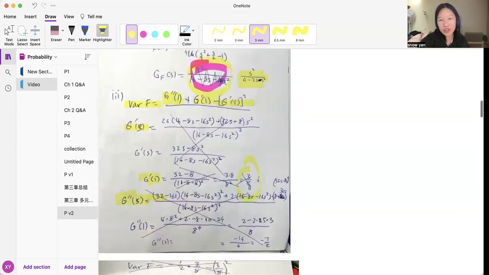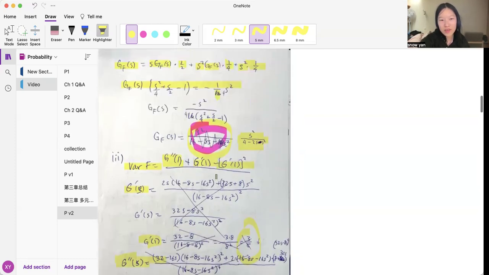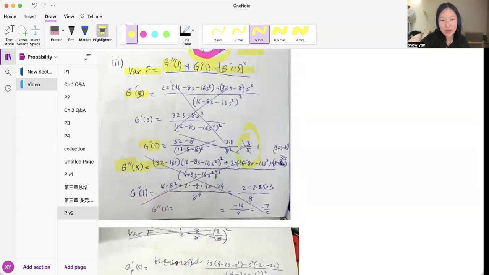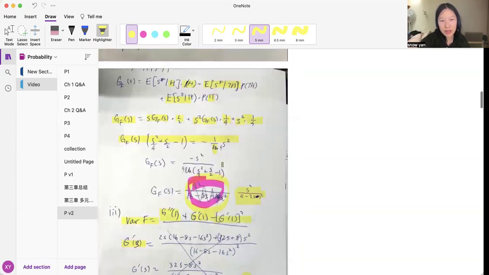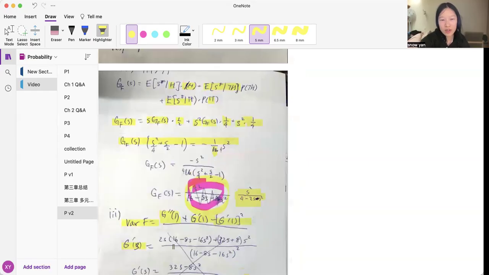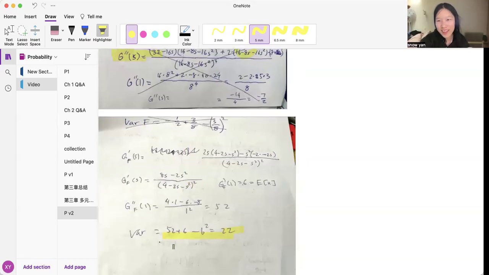If it's not 6, which in this case it is not, then it tells me I did something wrong. Either my expected value is wrong, or in this case, my generating function is wrong. I should have definitely caught on, but I didn't realize I made a silly error in the expression, and that caused everything to collapse.